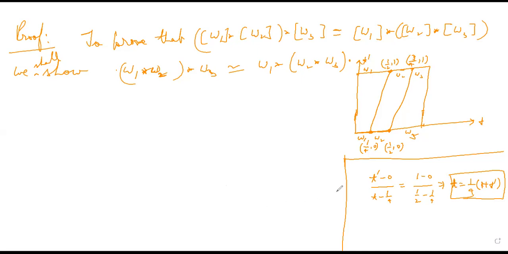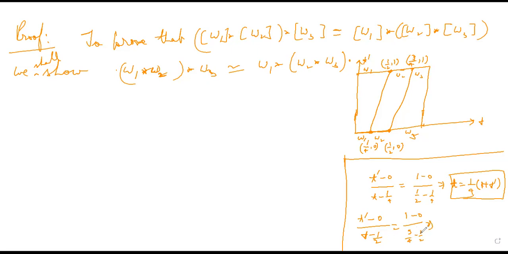And then this one, here you can have t prime minus 0 upon t minus half equal to 1 minus 0 upon 3 upon 4 minus 1 upon 2. This implies what?